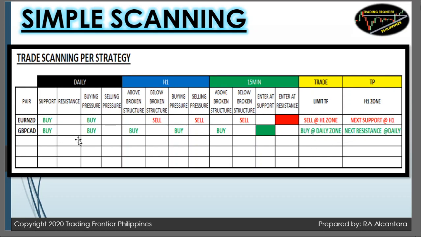So that is how I scan and find opportunities in every currency pair that I analyze. So it may be tedious for some, but I guess this is how I got better in my trades. This is how I got better overall throughout my progress as a profitable trader.